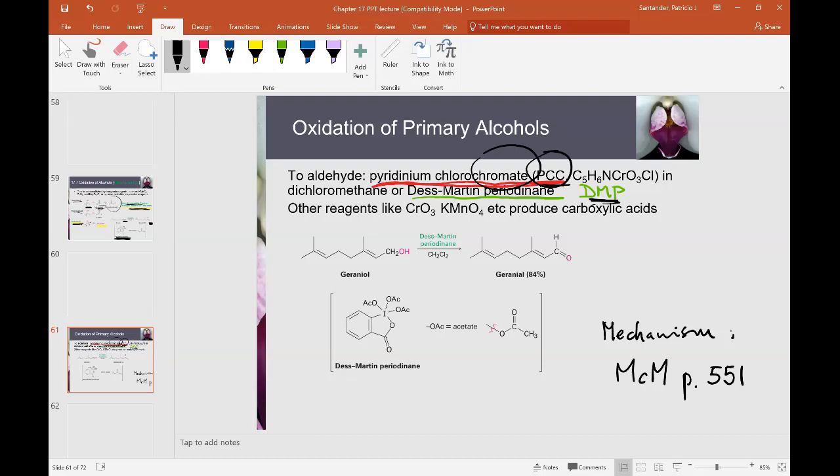Chromium reagents are not very environmentally friendly because chromium is rather toxic. So McMurry turned a little more environmentally friendly in his approach, and that is the reason he is now using DMP, and that looks like a better approach. The mechanism for this reaction, you can find on page 551 in McMurry.